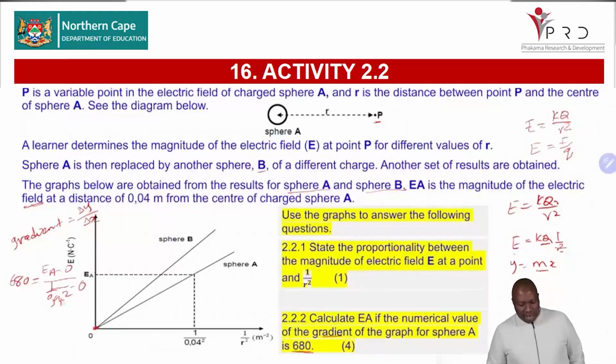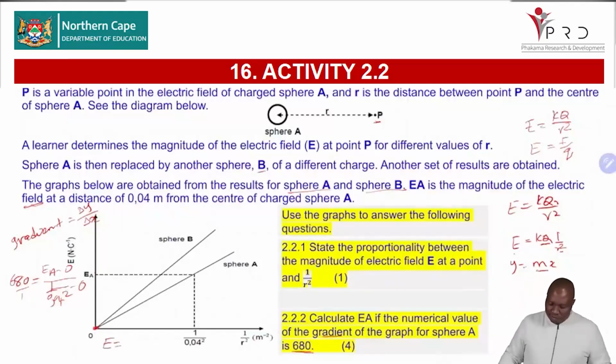Then definitely you have to cross multiply, so that you can get your electric field at a point A. You take your calculator, you have your 680 and your 1 over 0,04 squared, and having done everything, you are able to get your correct answer.